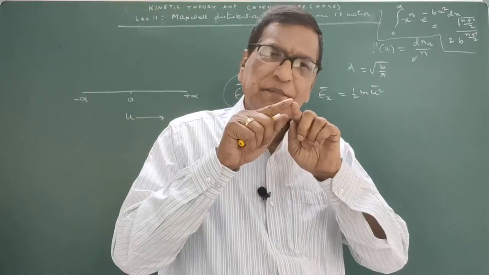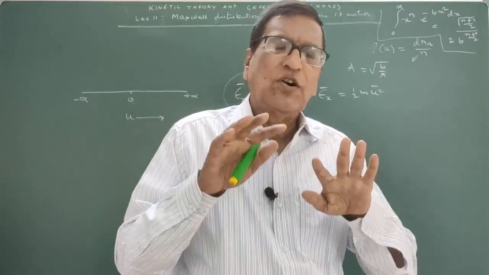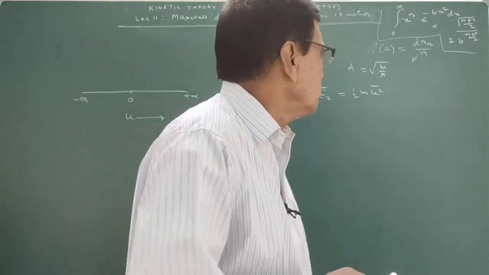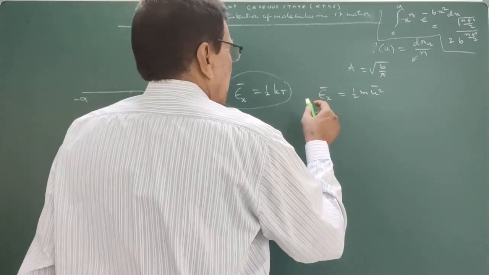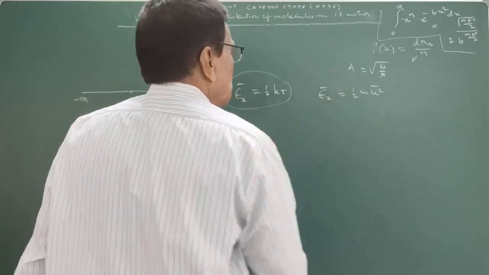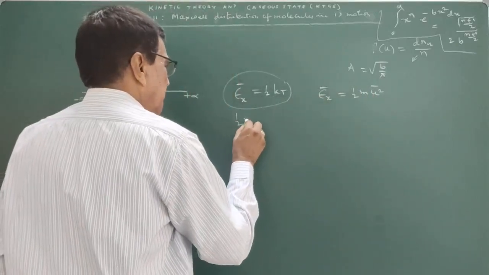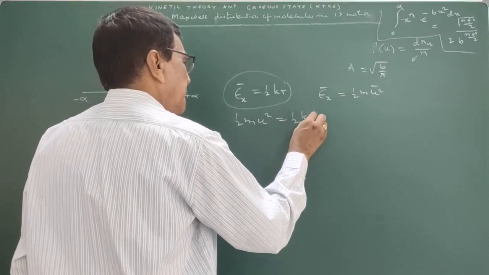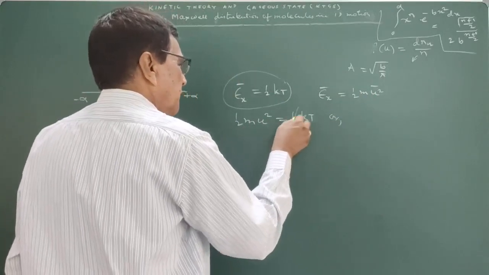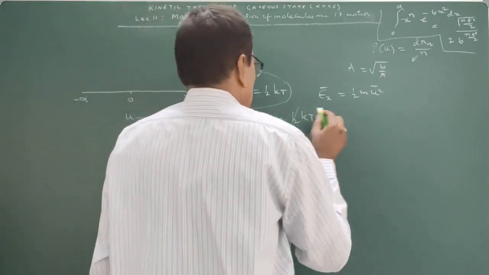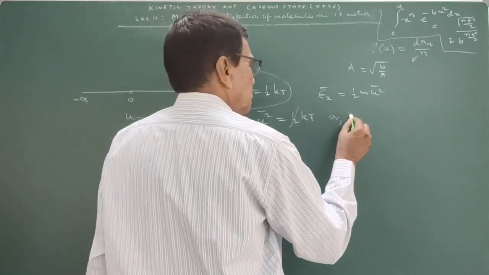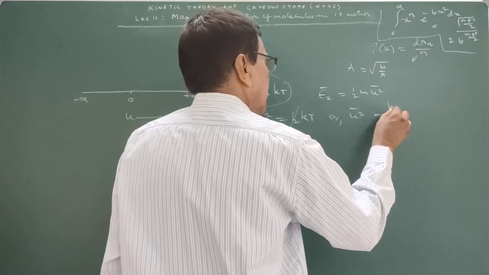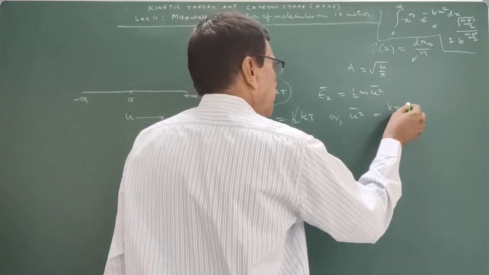Whenever it is moving in a particular direction, we call it velocity, not speed. So if we equate these two, then half m u square bar equal to half kT, the half cancels. So u square bar equal to kT by m.